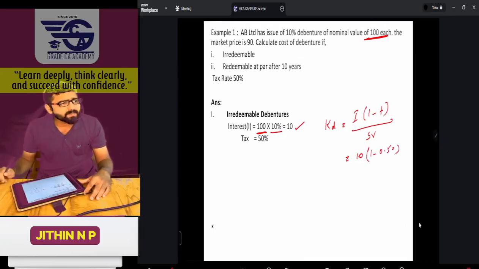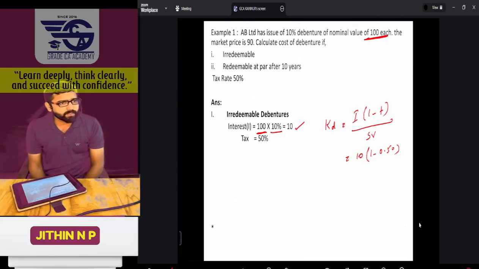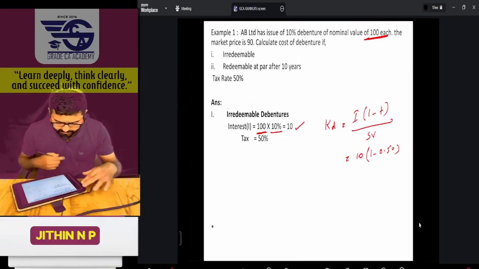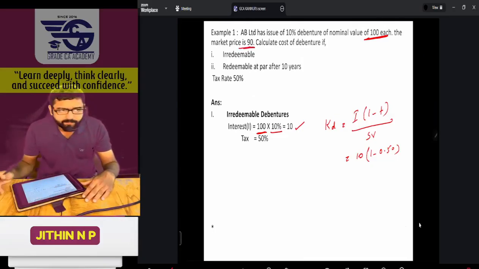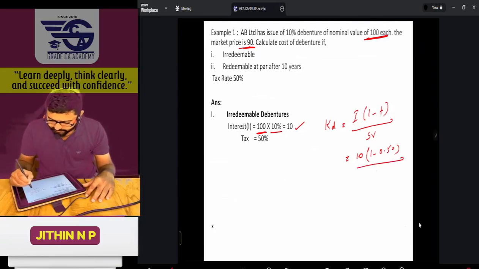What is SV? SV means issue price minus flotation cost or cost of issue. Here the market price is given as 90. The question specifically gives market price 90, so the issue price will be 90. If a separate issue price is given, you should consider that one. Here the issue price is 90.